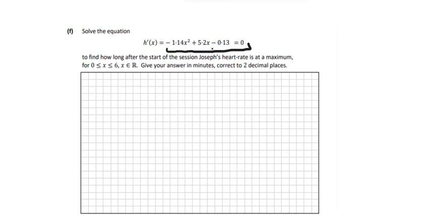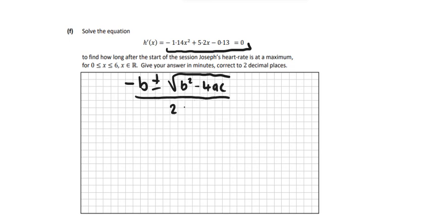Don't worry about the h dash x too much for now. To solve that quadratic, you have to use the quadratic formula, obviously, because you're not going to be able to find factors. So minus b plus or minus the square root of b squared minus 4ac, all over 2a. This is in your log tables again, so you need this to solve quadratics.